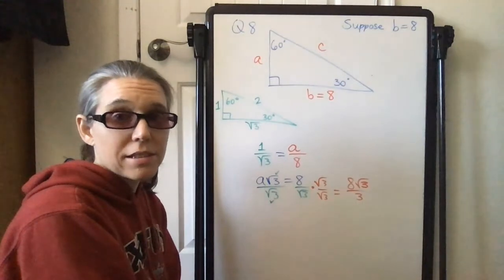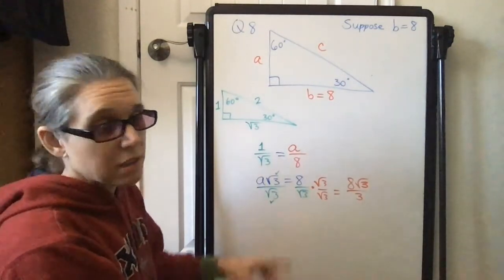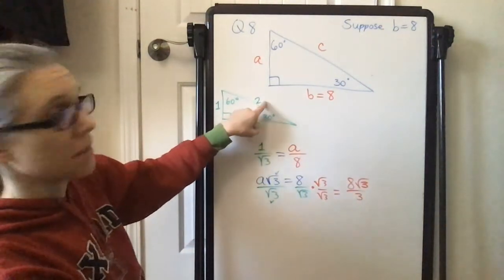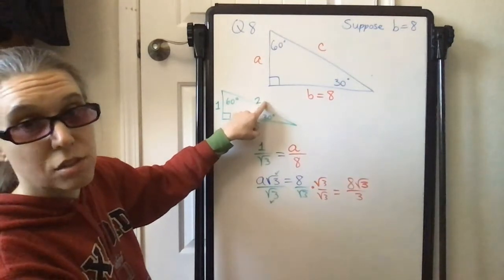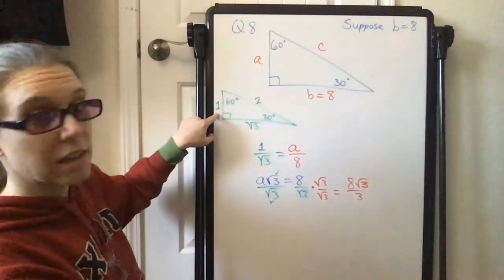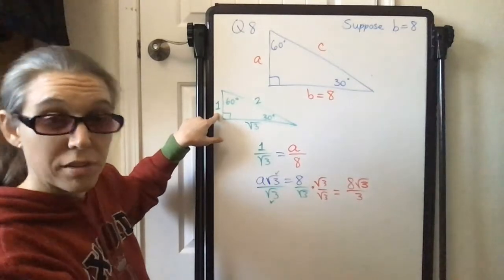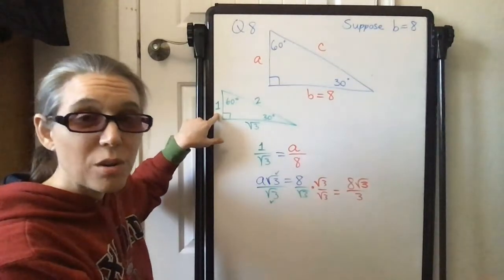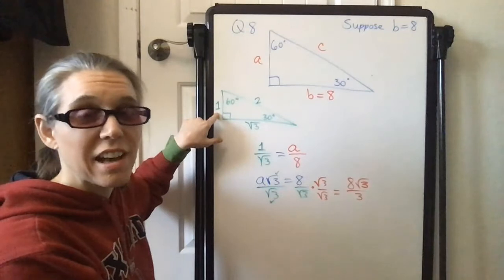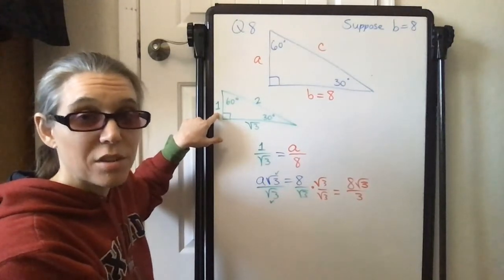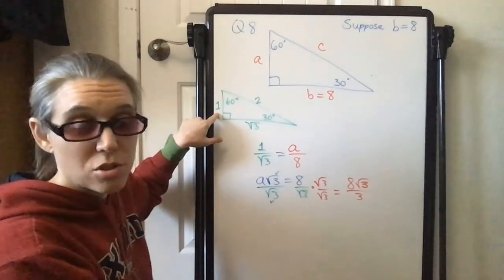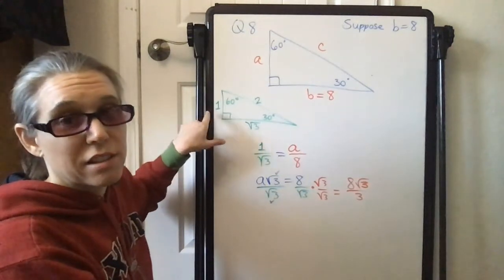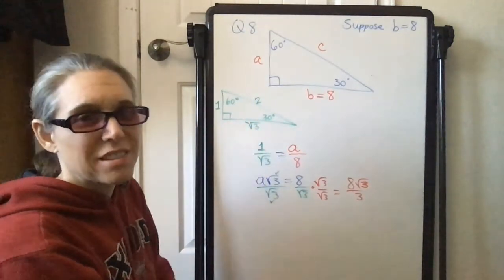Okay, what about C? Here's a fun thing to notice. The hypotenuse is 2. The short leg is 1. What does that mean? The hypotenuse is always twice as long as the shortest leg in a 30, 60, 90 triangle, or the shorter leg, since there are technically 2 legs and a hypotenuse.